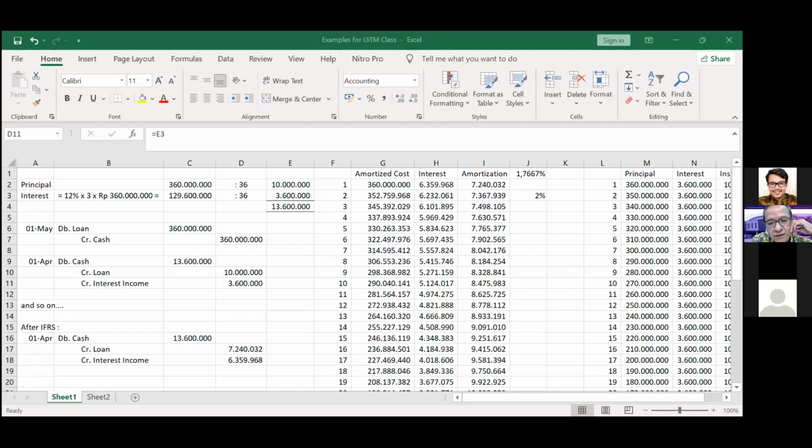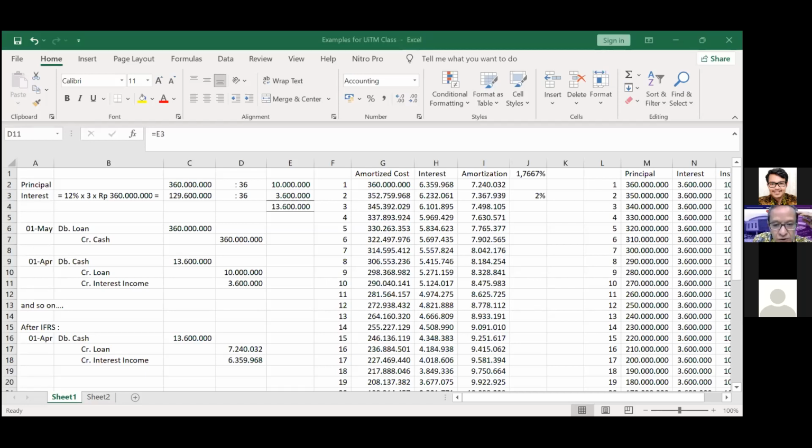usually if you make a loan, the journal entry is only this, right? Only this: debit loan, credit cash. If you make a loan, then we have only this journal entry. But since IFRS 9, the journal entry is not only this, but we have to make a loan loss provision.